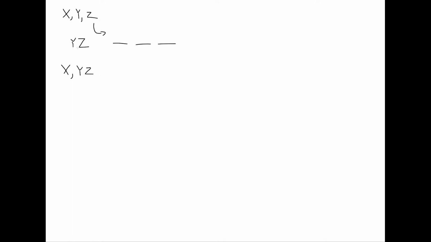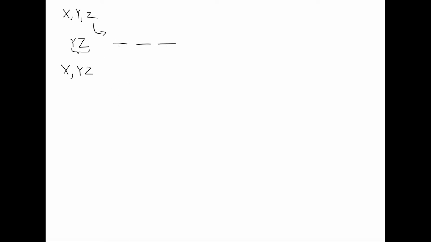The reason we can do that is that Y and Z lose their independence because they've merged to form this single element. This merge of two elements can be thought of as one element because it will always be in the same order and these two elements will always be together.